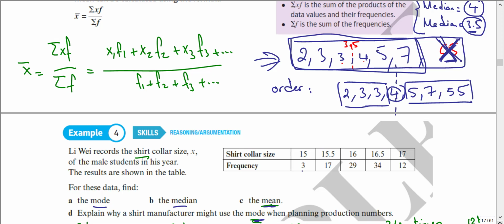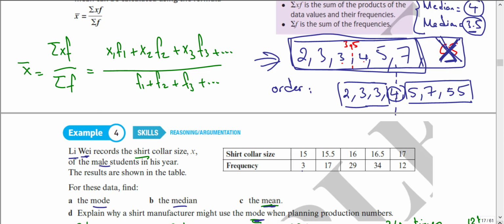Here they are saying, for male students in some school, Lee Y, I think this is an Asian student from some Asian country, records the shirt collar size X of the male students in his year. The results are shown in the table.